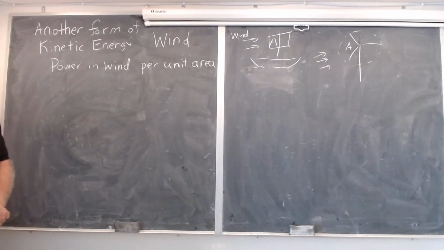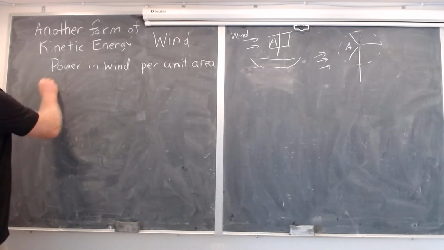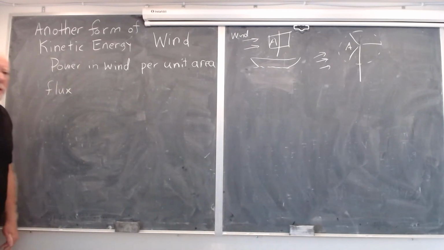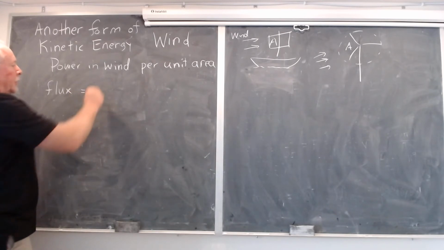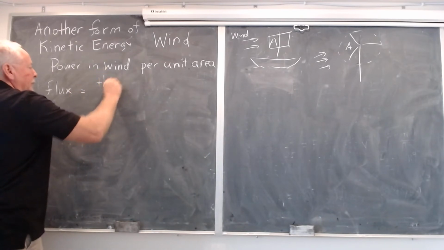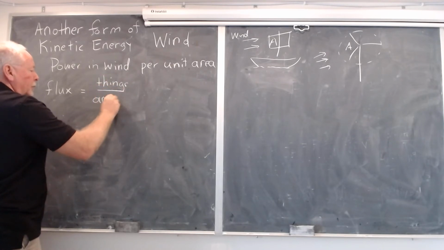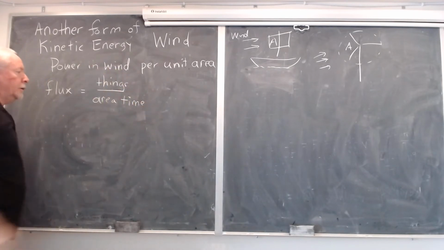The way to do it is to think of it in terms of what's called flux. Now, flux is a term that refers to, and I'm going to write it this way, the things per unit area per unit time.